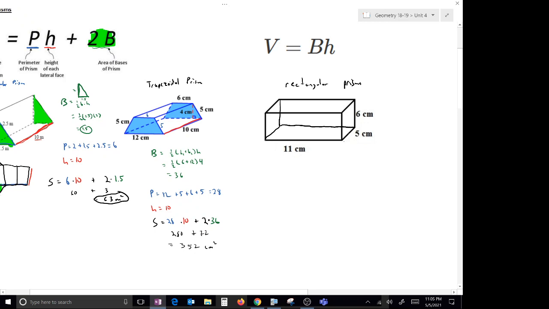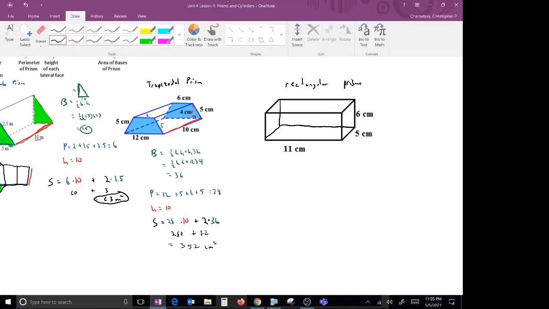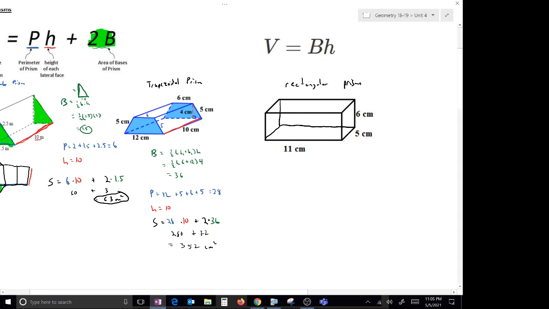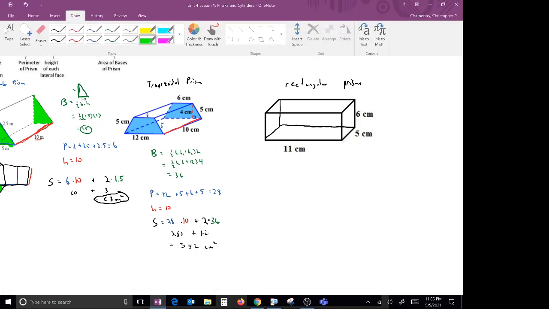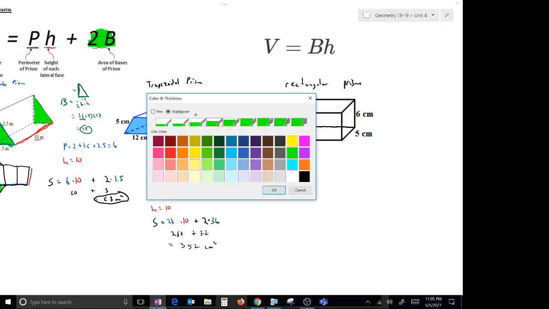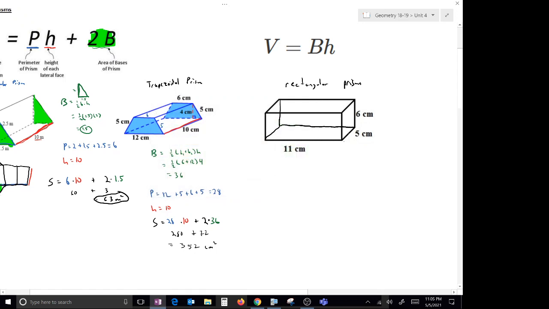Now the thing about a rectangular prism, if you notice, any of the faces has a parallel and congruent side across from it. So really with a rectangular prism, you get to choose where your bases are. It could be the top and the bottom, it could be the sides, it could be the front and the back, whichever one you want to make it.